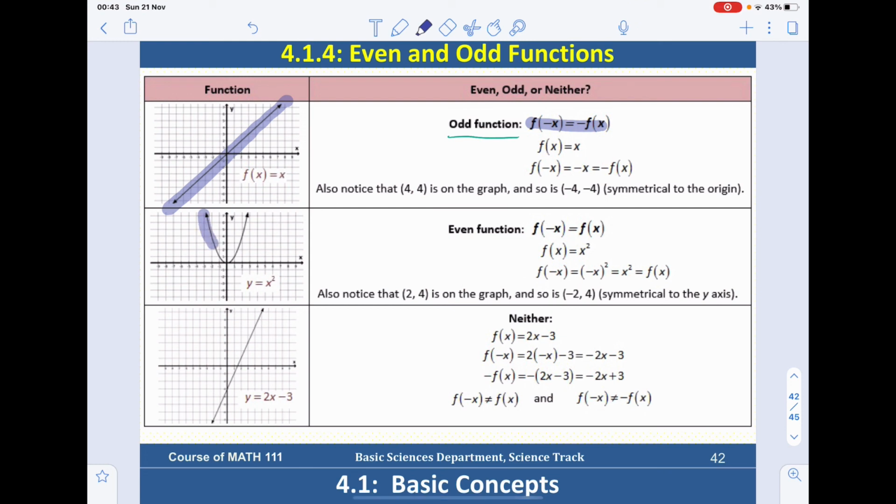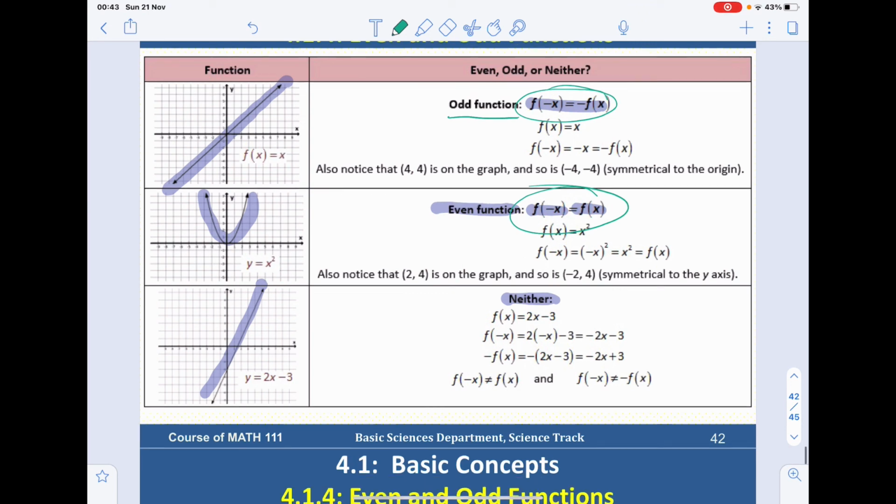And this function is even because f of negative x equals f of x. While this one is neither odd nor even, because it's not symmetric through the origin or y-axis, and also it does not satisfy these two conditions.